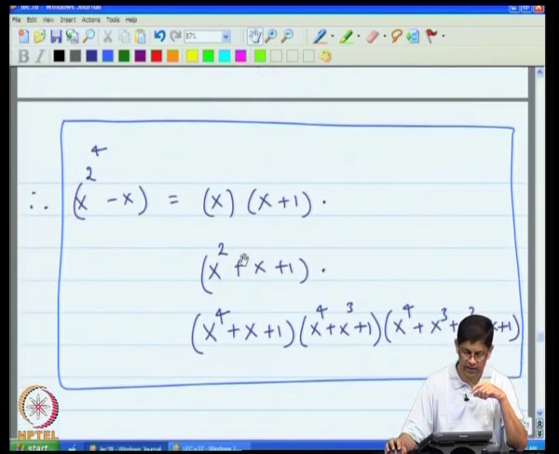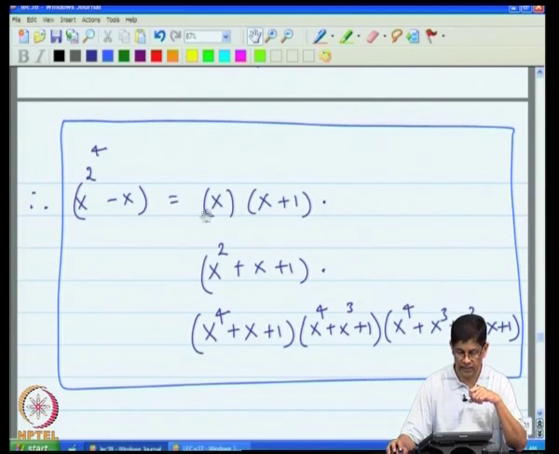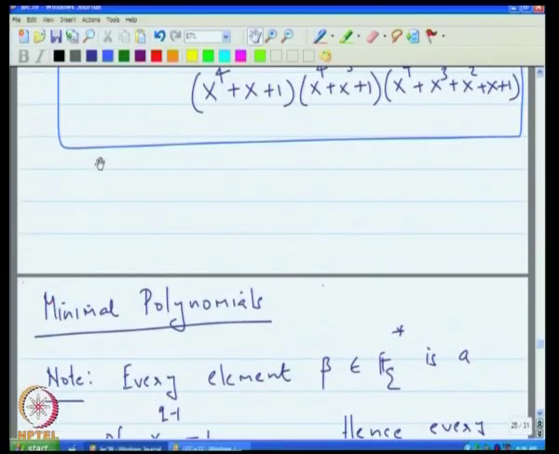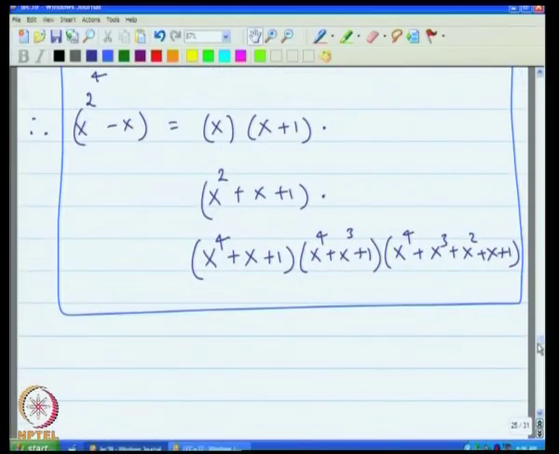So, clearly there is a relationship between this polynomial and the minimal polynomials. So, it is going to take a little bit more effort in the next class by us to actually show that this is the case. That is, in fact, that if you multiply all the minimal polynomials together of the finite field, you will get x to the 16 minus x. So, as I had said here, this was a preview.